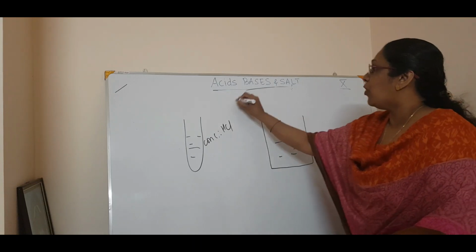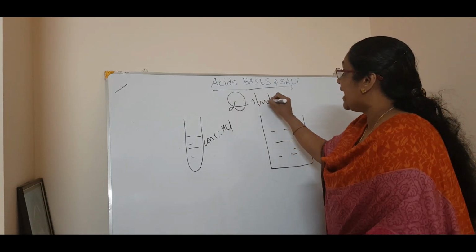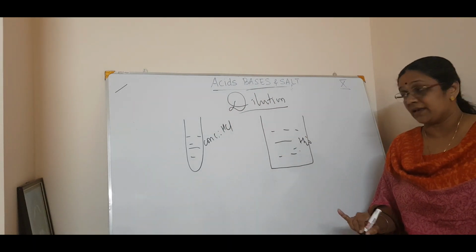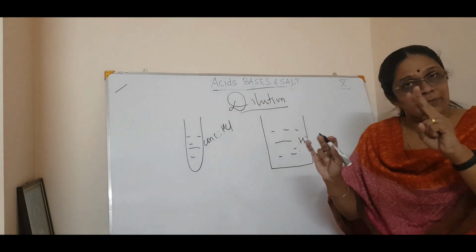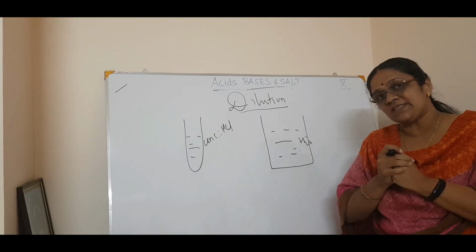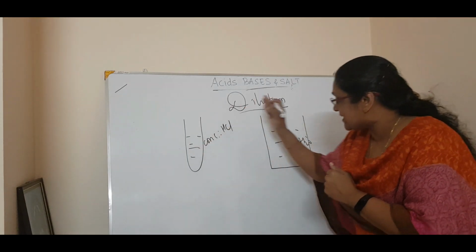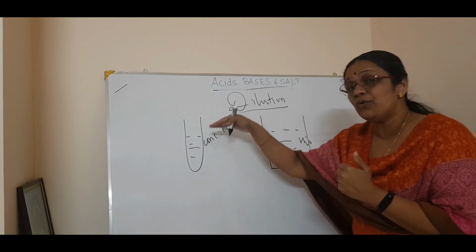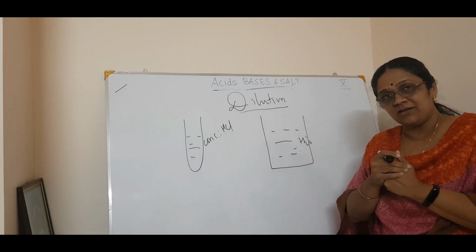Now what you want to do is dilute it. You are calling it a dilution process. There are two options for you. Either you pour this acid into water, or the water into acid. Two options.